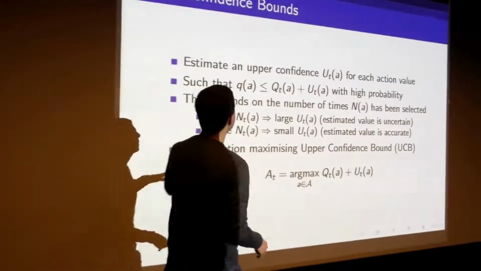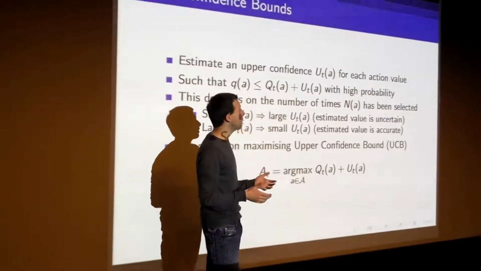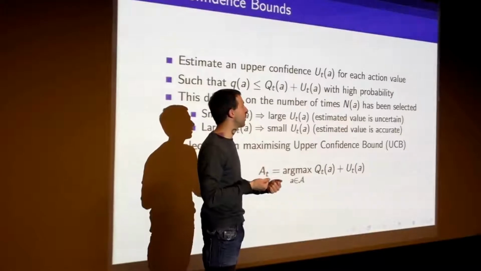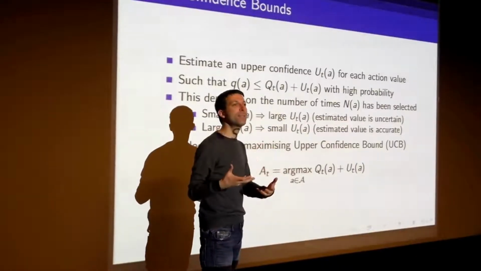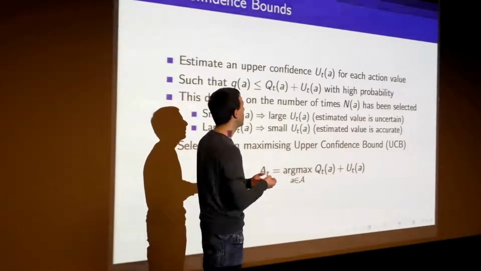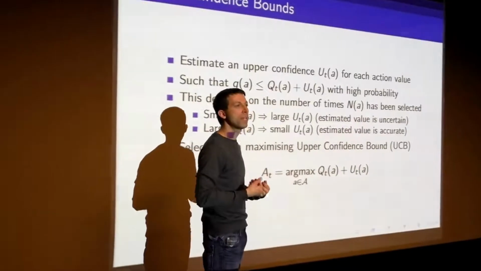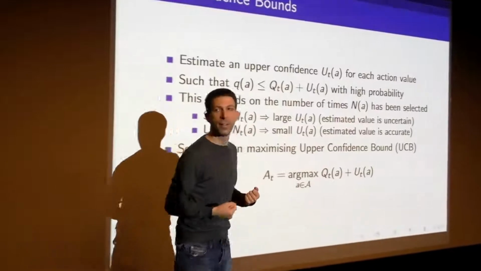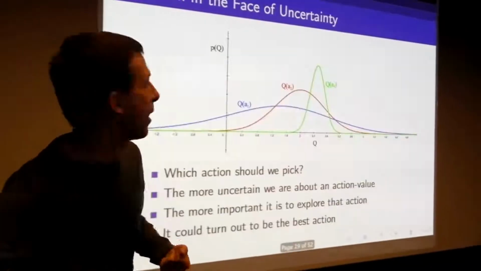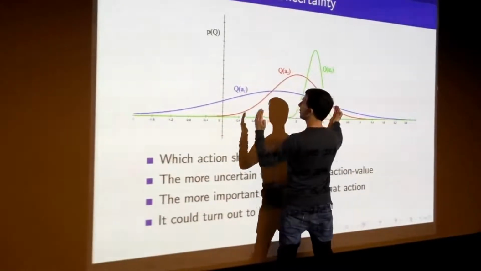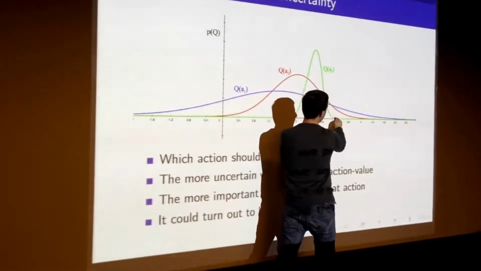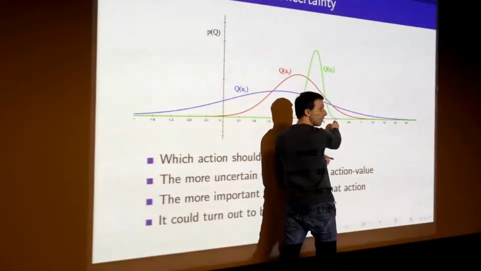So we're going to estimate this upper confidence U. We can think of this as a high probability upper confidence on what that value could be. So think of this as something like a 95% confidence interval about where the mean could actually be. So we're going to say, maybe I'm 95% confident that this one is going to be within this range here. And so that gives us our point that we use. That's our U value here now.